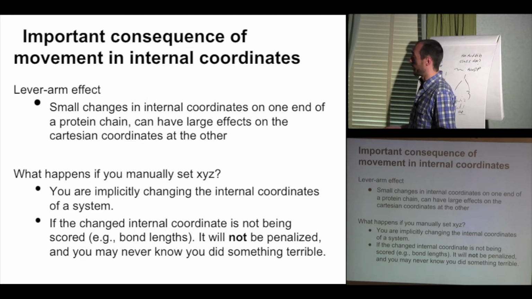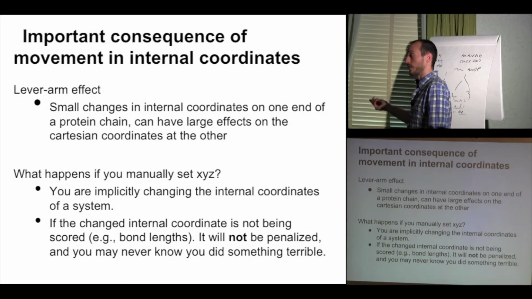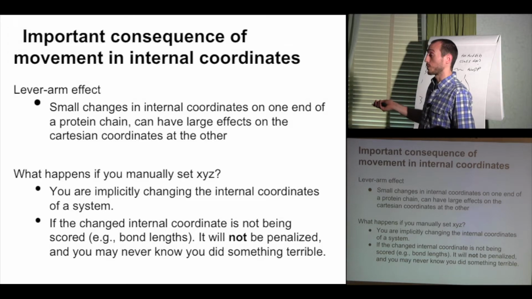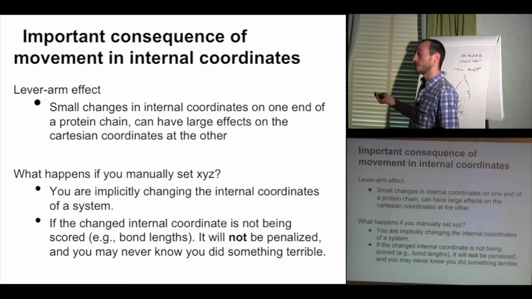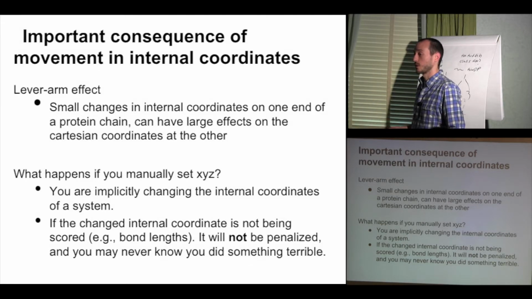An example of this would be if you moved some atom in a phenylalanine side chain, you would be allowed to do that, or you can figure out a way to do that within Rosetta. Even though that's completely non-physical, let's say you move it somewhere else, by default we don't have a score term that will penalize this crazy conformation for this phenylalanine, because it's not an internal degree of freedom that you would normally change.